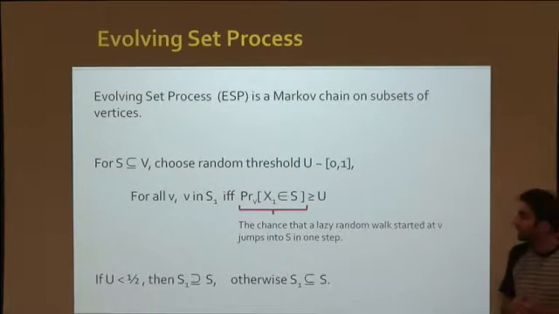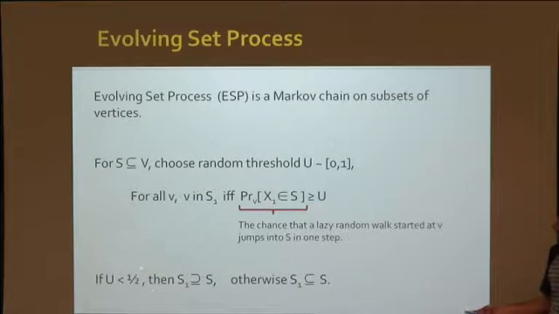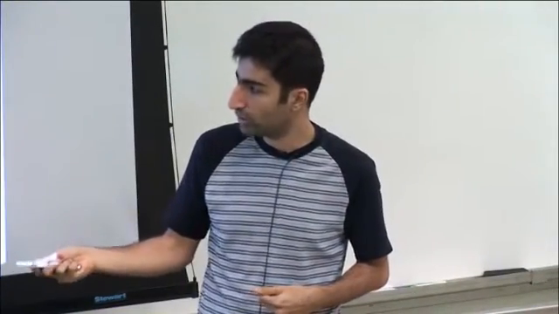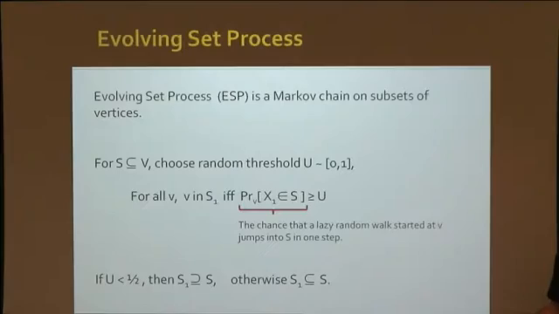So for example, if U is less than 1/2, then the new set would always be a superset of the old one. Why? Because this is a lazy random walk, so the probability of going from every vertex inside S to S is more than 1/2. So the new set would be a superset of the old one. And if U is more than 1/2, the new set is going to be a subset of the old one.